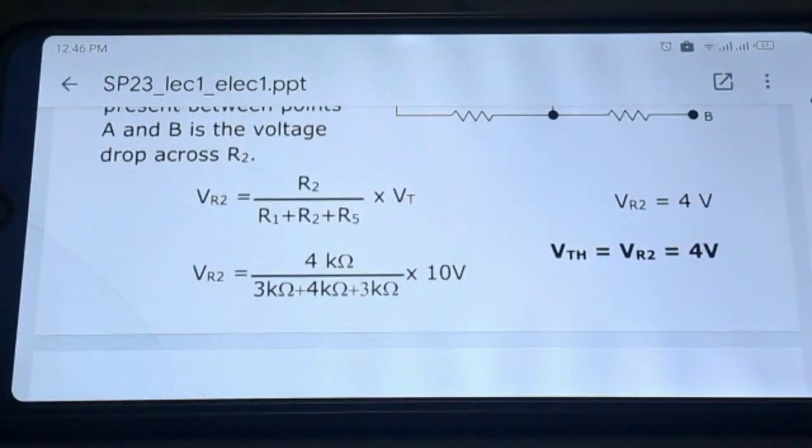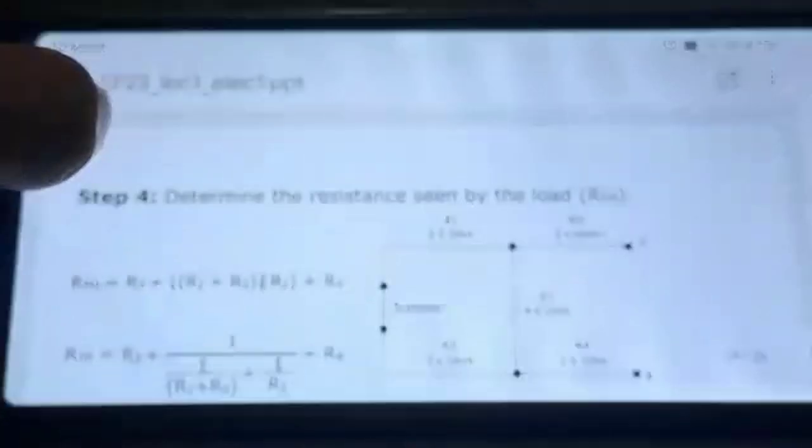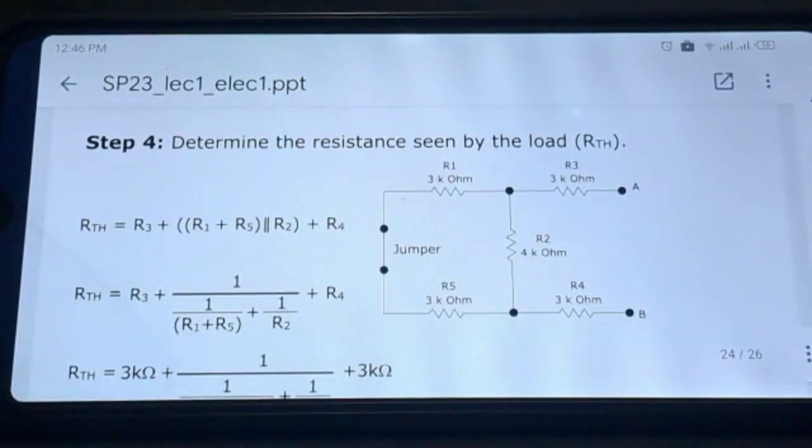Here we apply the voltage divider, where R2 is 4 and VTH is 4 amperes. When we put in the values of resistors 1, 2 and 5 and the total voltage, we can find the voltage by the voltage divider.